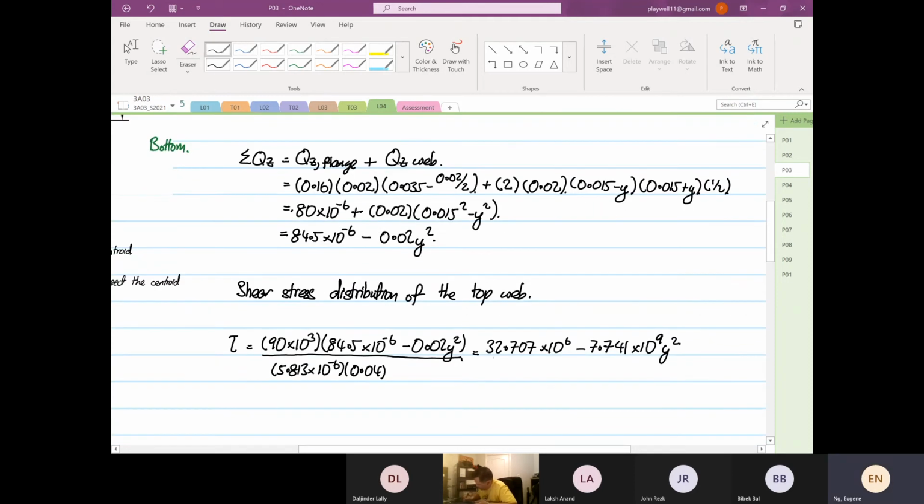Okay, so there's a shear stress distribution of the top web. Now we're going to find the shear stress distribution of the bottom web, right?